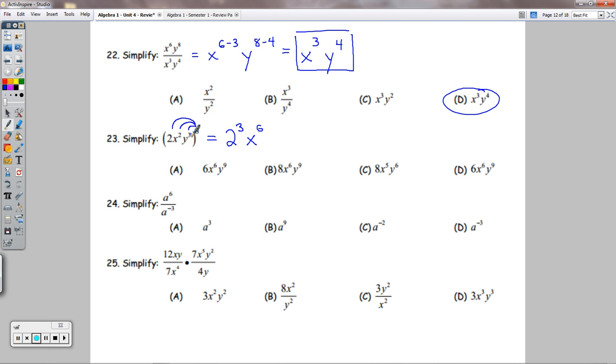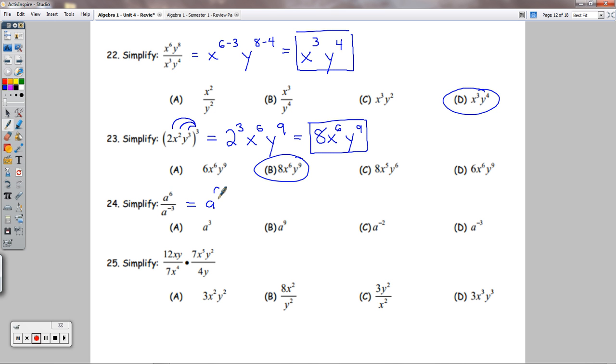This would be y to the third cubed, so that's 3 times 3 for the base there. That's 9. 2 to the third power is 2 times 2 times 2, which is 8. So our final answer on this one looks like this. 8x to the 6th, y to the 9th. That is choice B.